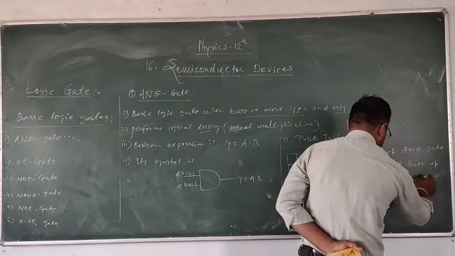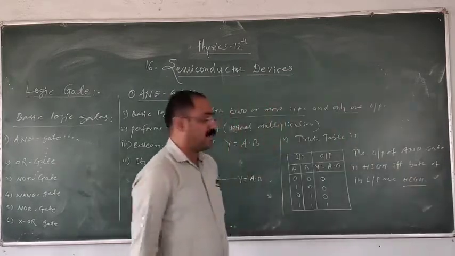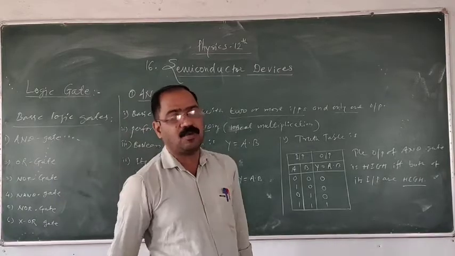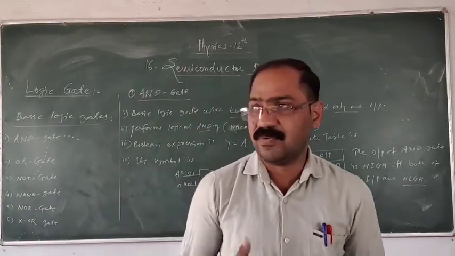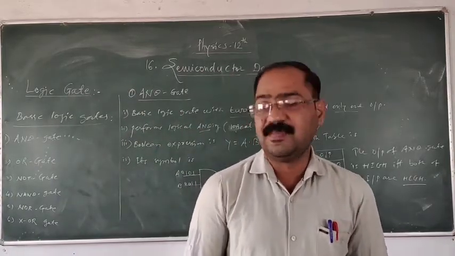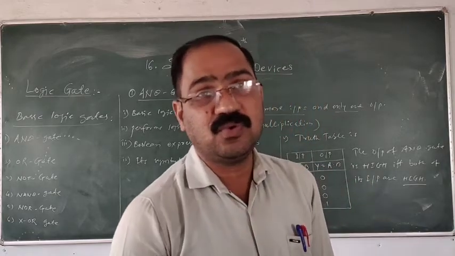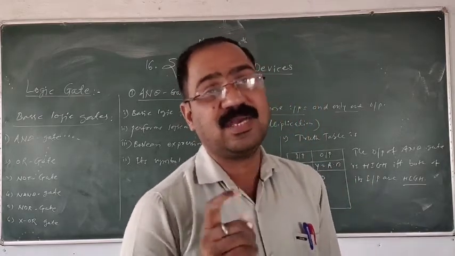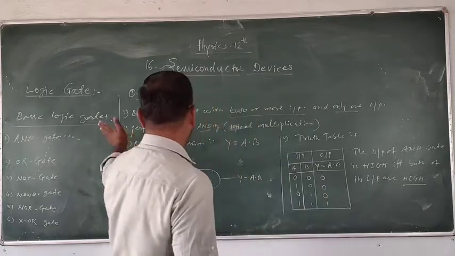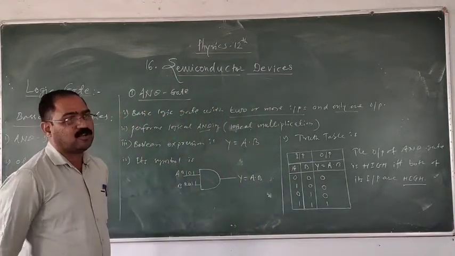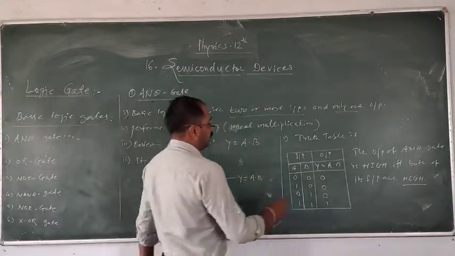Otherwise, it is 0. So the output of the AND gate is at logic level 1 if and only if both of its inputs are at logic level 1, the high signal. So this is about the AND gate. This performs the function of logical multiplication.